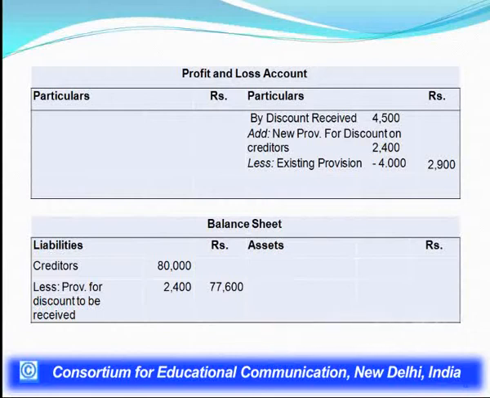In the balance sheet, on the liability side, creditors are given 80,000 and we will deduct the provision for discount to be received, that is to be carried forward, that is 2,400, and the balance 77,600 will be shown in the net amount column.